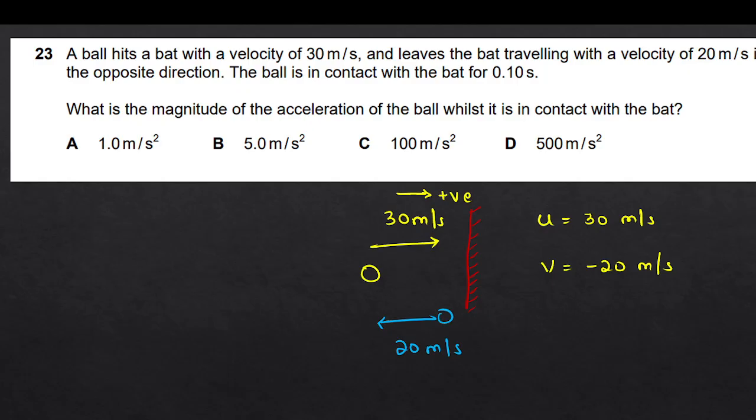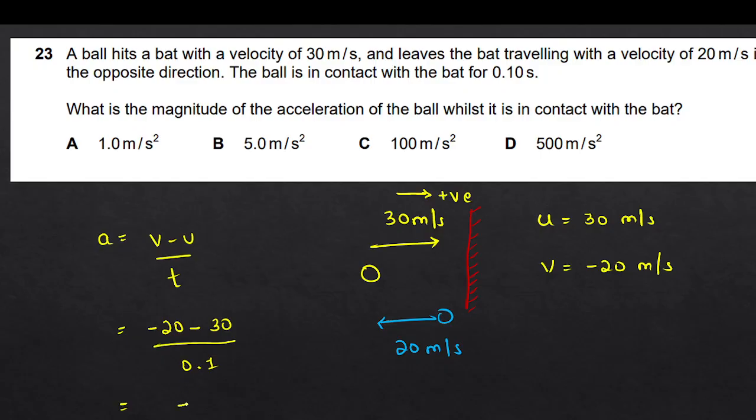If I use the formula for acceleration, which is a equals v minus u over t, where v is the final velocity, u is the initial velocity, and t is the time taken. So final velocity is minus 20, initial velocity is 30, over 0.1, which was the time it was in contact.